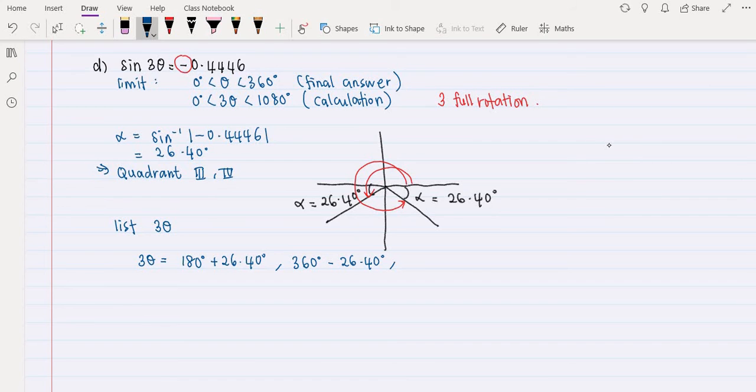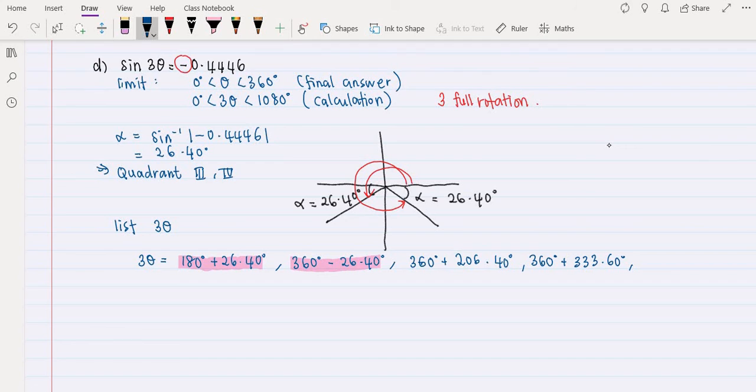This is for one rotation, and then for the second and the third rotation, what we can do is we can just take whatever the angle we have here, these two angles, and for the second rotation we are going to add 360 degrees. So 360 degrees plus, we can just immediately calculate. What we have here is 206.40, and then we will also have 360 degree plus 333.60.